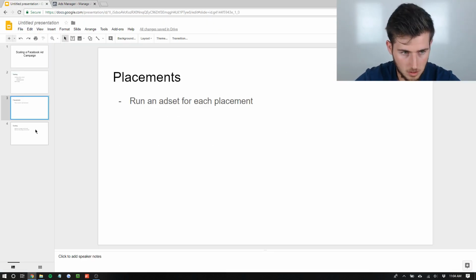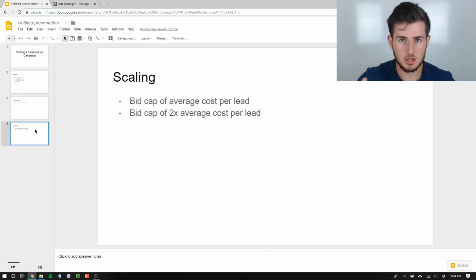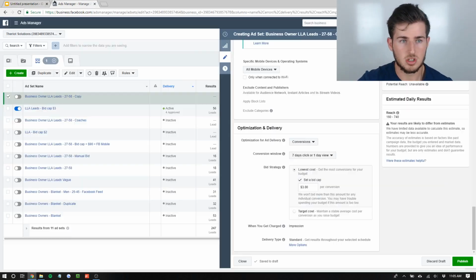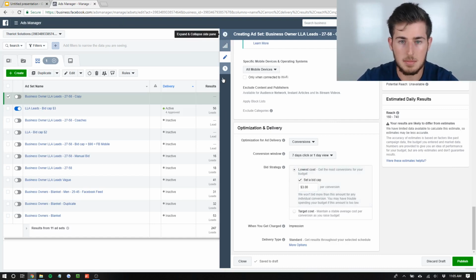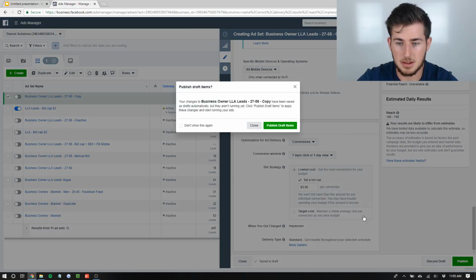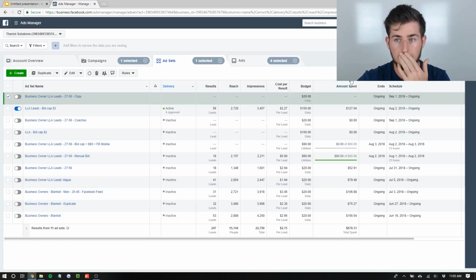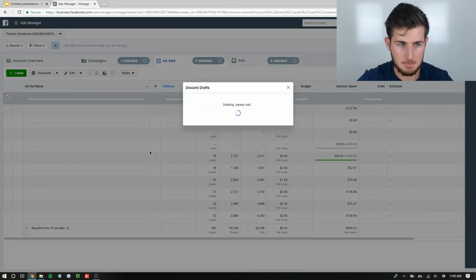So if you're not getting results for the target cost or the bid cap you're going for, you might have to duplicate that again and raise that cost per result a little bit more, because sometimes this $3 might not work. Obviously for me it's been working because it's allowing enough money for this specific campaign to get those results.